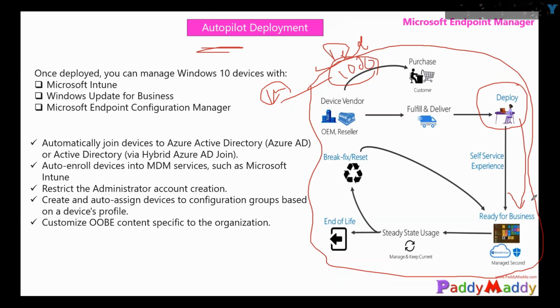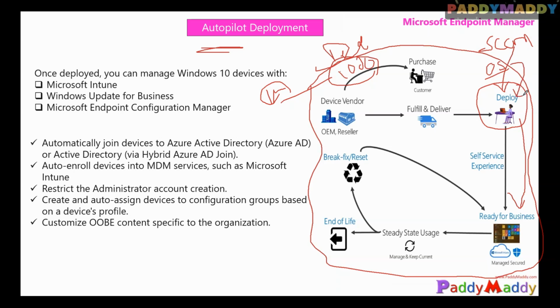So what is happening here is in the past, we used to deploy SCCM. With SCCM, we used to do the PXE deployment or whatever the model you used to do. And then you used to format this machine and redeploy your OS image along with the application and custom settings, right?